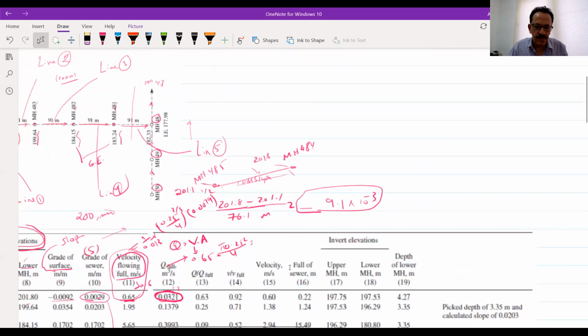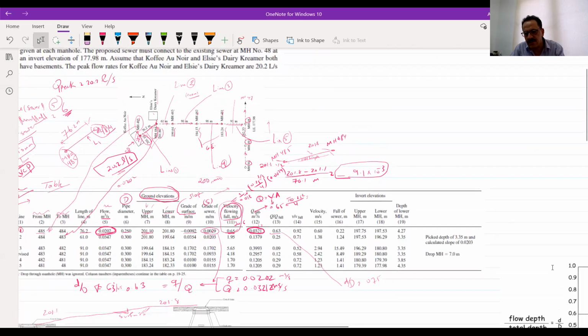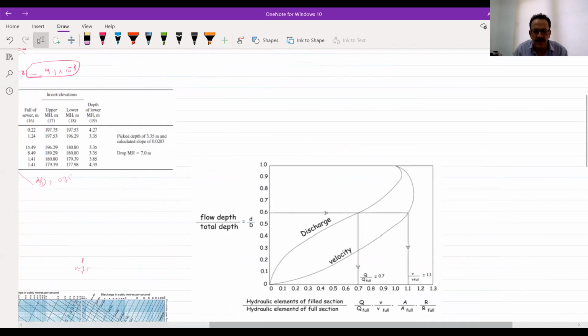Now, okay, so we have d over D. From q over Q 0.63, we will have d over D about 0.75. And I can also see the value of v over V, because the first v that we found here is when we have 0.63.